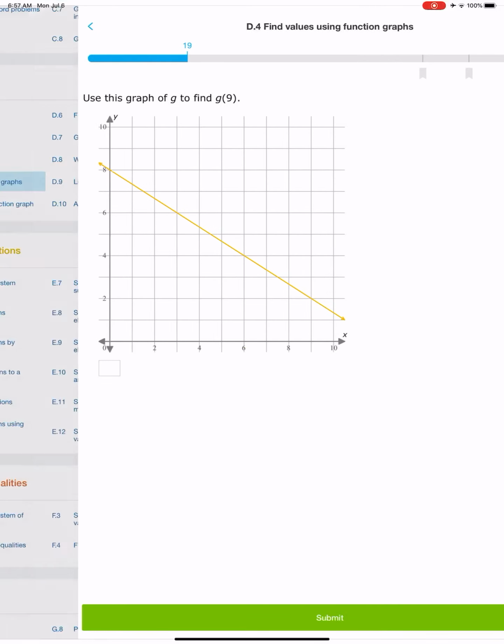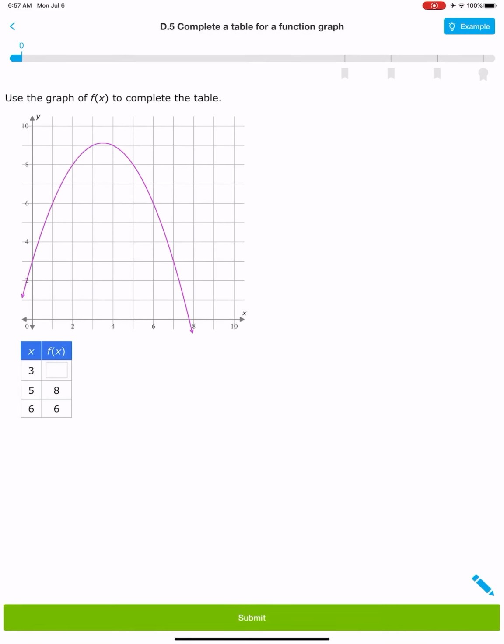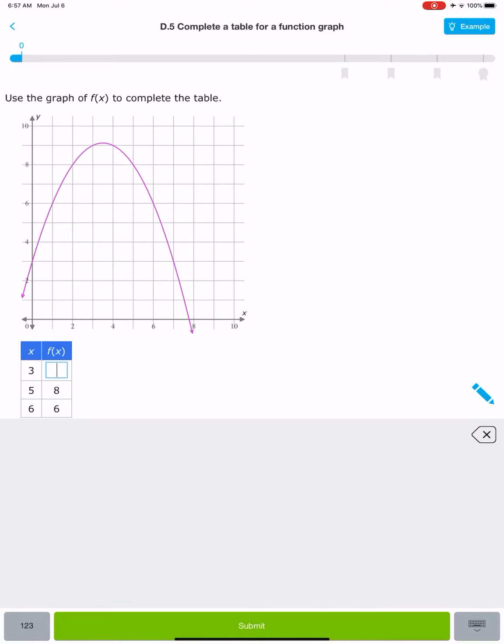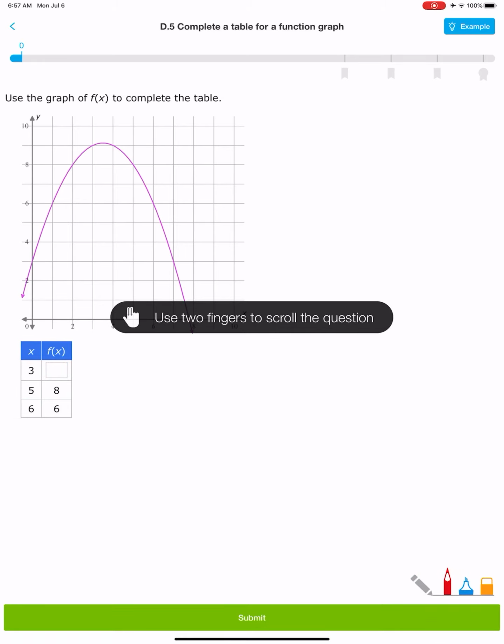Okay. D5. Use the graph to complete the table. So f of x is the same thing as our y. Same thing with g of x. That's always y.